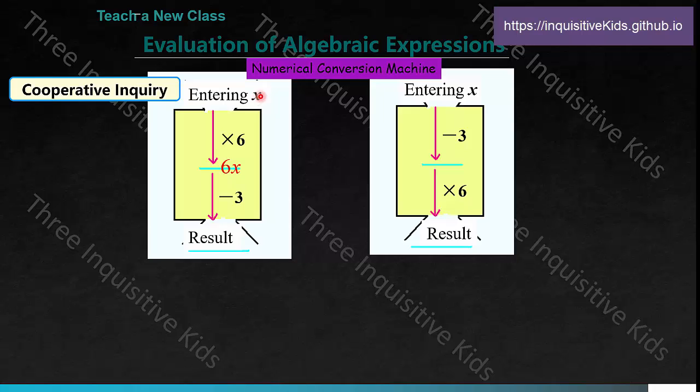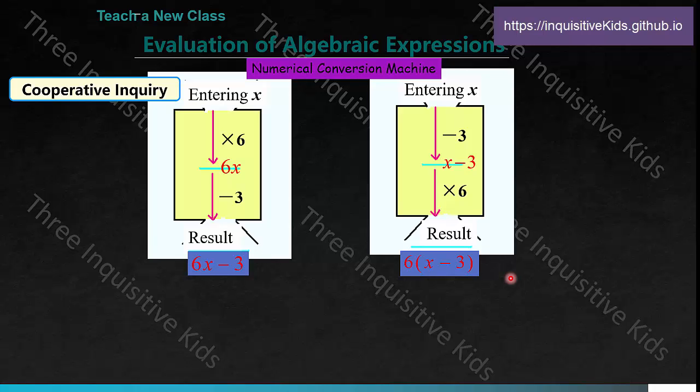If it enters a 6 and then it multiplies x, and then it multiplies 6, that would be 6x. And the 6x minus 3, that would be 6x minus 3. Then over here it's x minus 3 first, so that's going to be x minus 3, and this whole thing multiplied by 6.